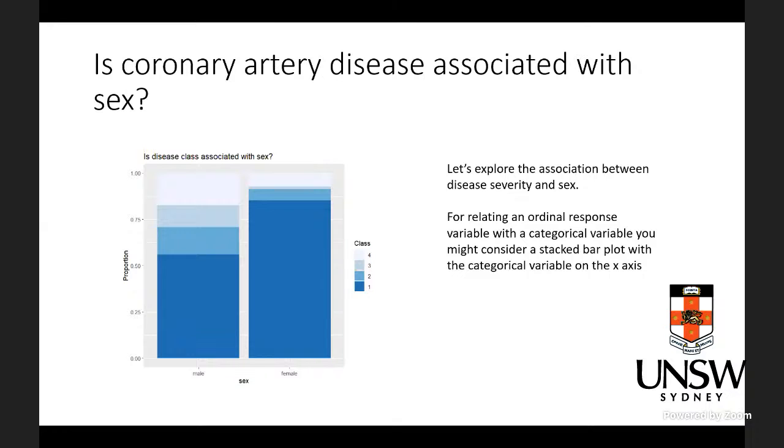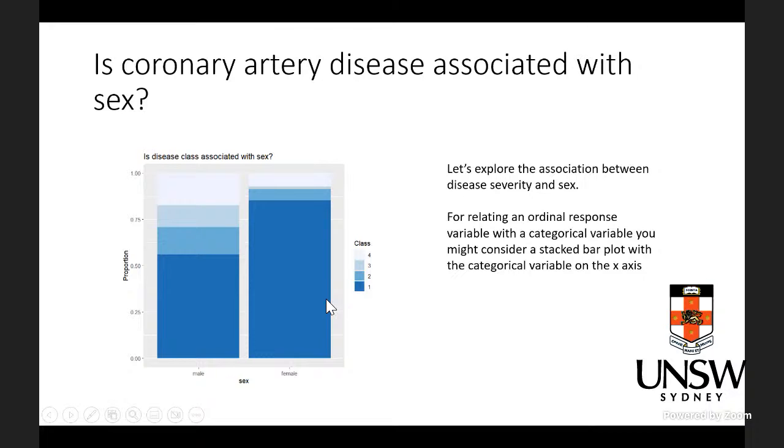I'm going through how to visualize the data. If we want to look at whether coronary artery disease is associated with another categorical variable, here I picked sex. So there's males and females in the data set.